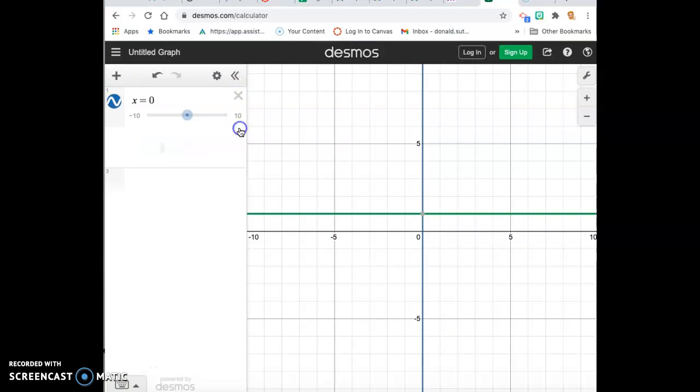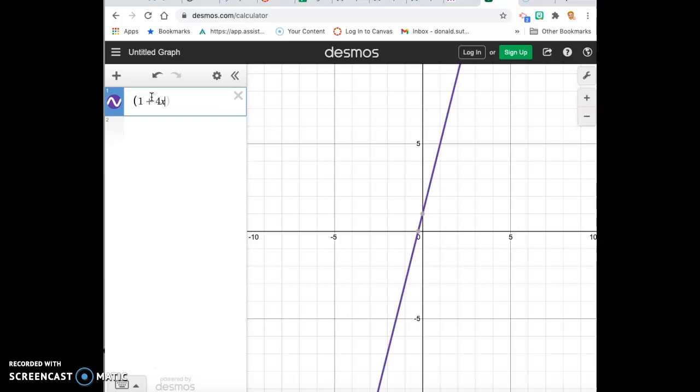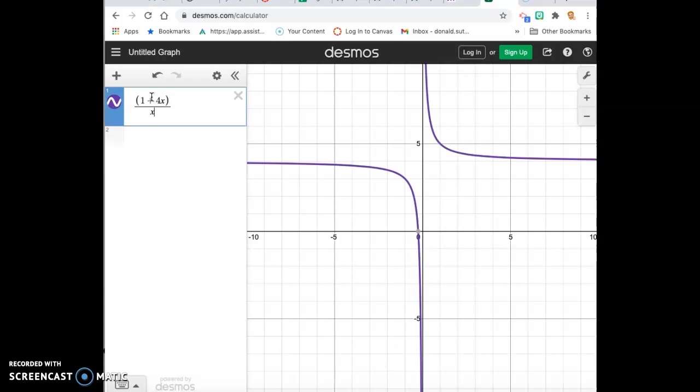So let me clear those out of there. My equation is 1 plus 4x over x. I think I can see those asymptotes. Let's try the first one.